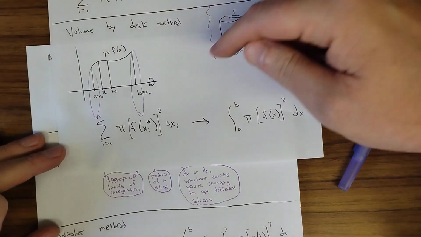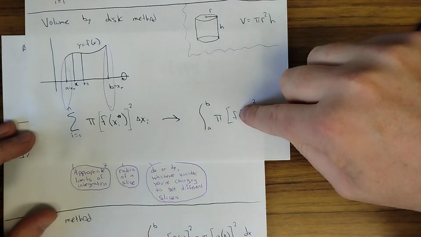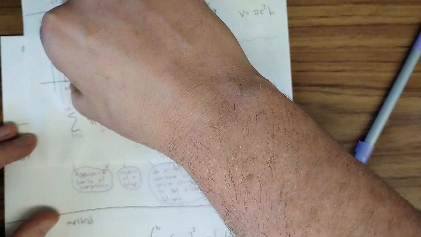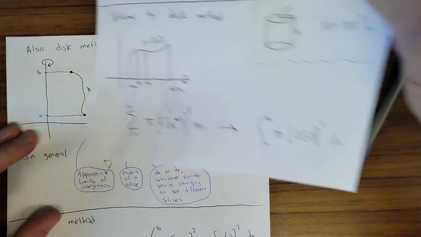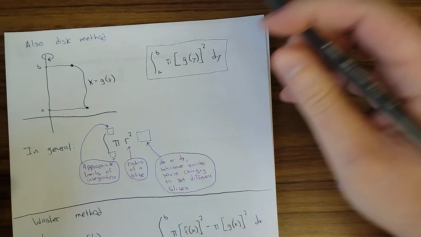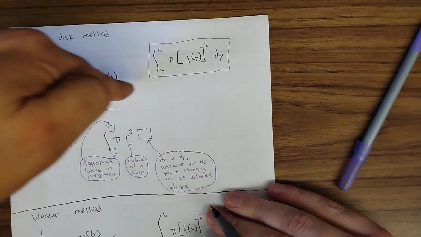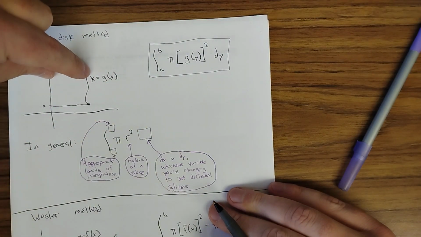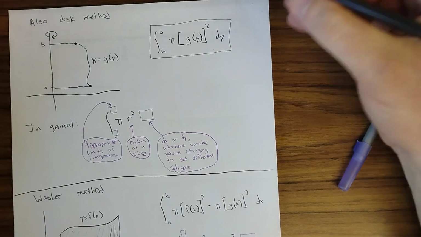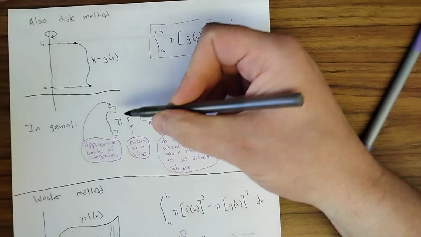In this first example, the r was f of x, because if I'm slicing it like this, the radius is this distance, and that's f of x. If I'm doing it this way, my slice is going horizontal, and so my r is this, and that's g of y. But whatever it is, this is the radius of a slice.